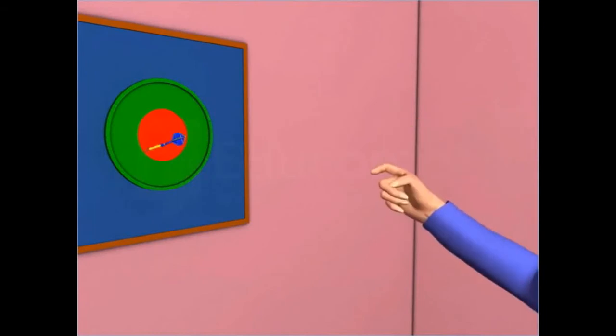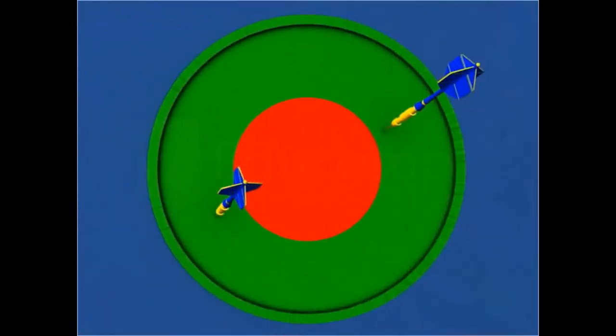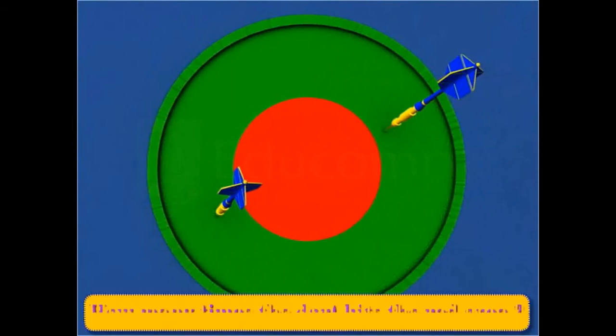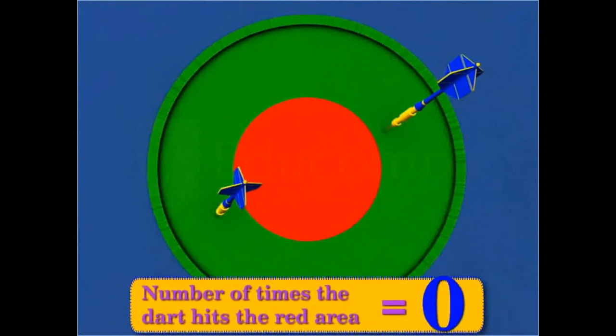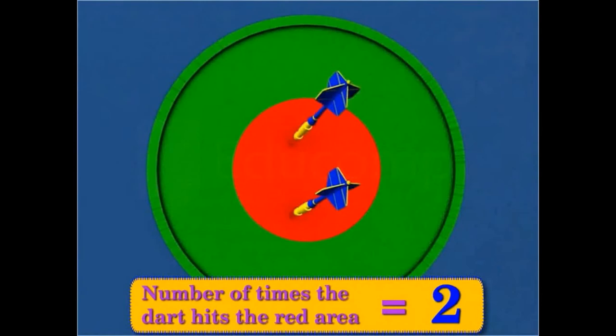Or it may hit the green area in both trials. If we want to know how many times the dart hits the red area, the answer may be 0, 1, or 2.